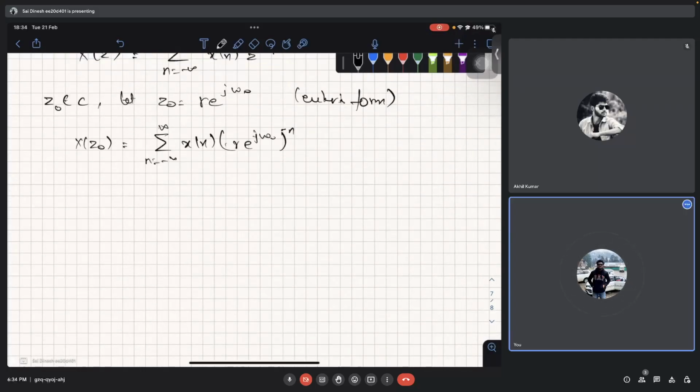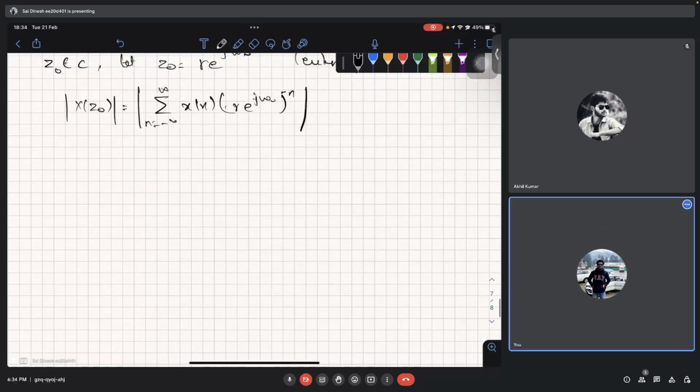The modulus of the e power j omega naught term is equal to 1. So what we are left with is the sum of mod x of n into r power minus n.